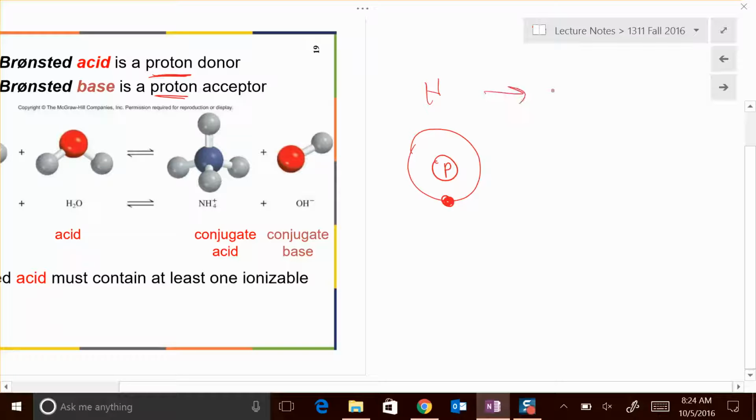If it becomes H plus, how would I redraw this as H plus? I remove the electron and the energy level. What am I left with? I'm left with a single proton. So that's what they mean by a proton donor or a proton acceptor.